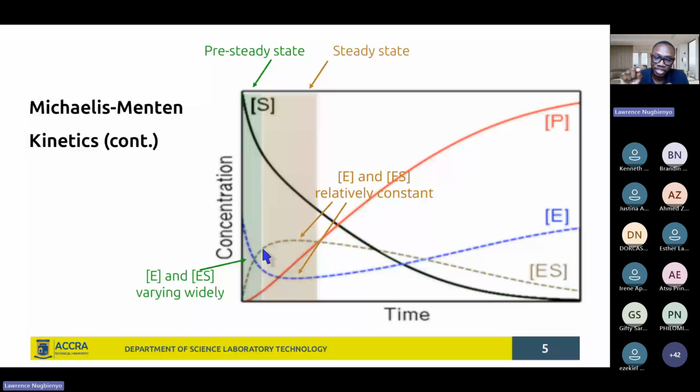And so you have a steady state. That is a steady state. The rate of the reaction is going to be constant.